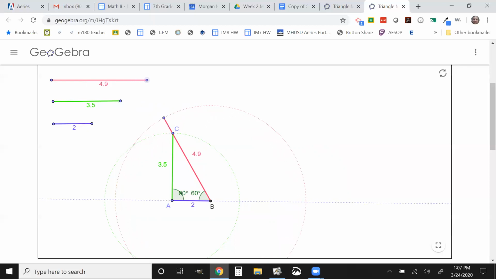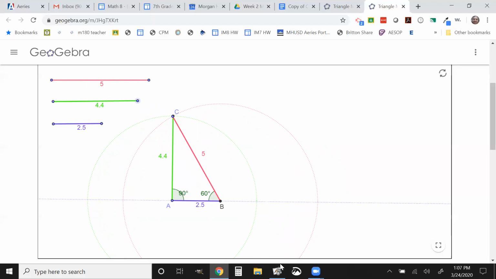Like you could make this 5 and this one 2.5, and bring this one up a little higher, and you still have a different triangle. So having two angles is not enough to tell me that they are the same triangle. They are definitely similar, same shape, but not the same triangle. They are proportionally grown.